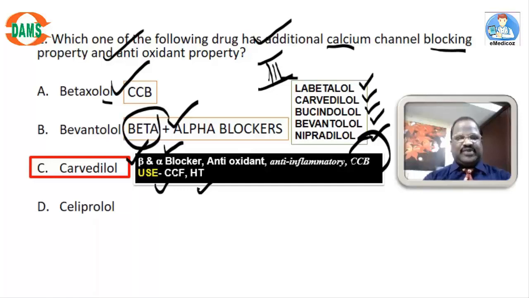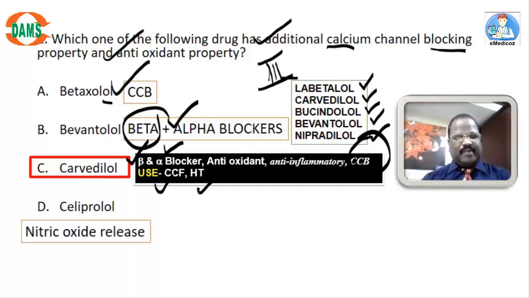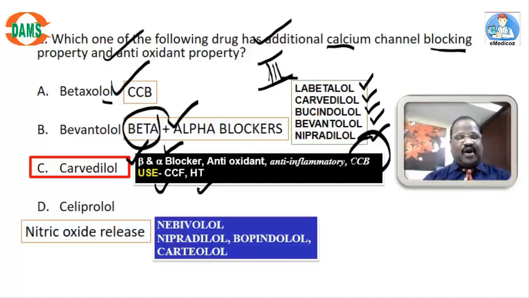And coming to option D, celiprolol. Celiprolol is a beta blocker additionally having nitric oxide releasing property. An extra important point: which beta blockers have nitric oxide releasing property? Other than celiprolol, we have nebivolol, nipradilol, bopindolol and cartiolol.